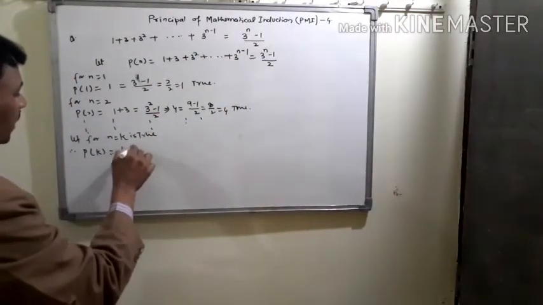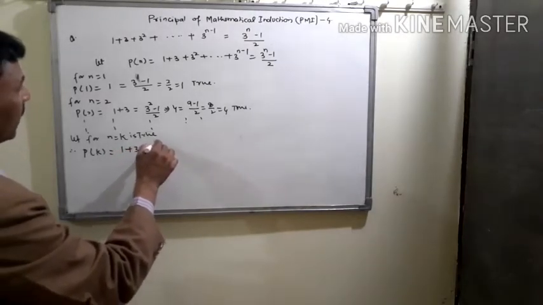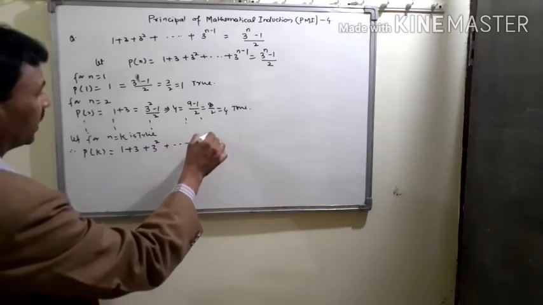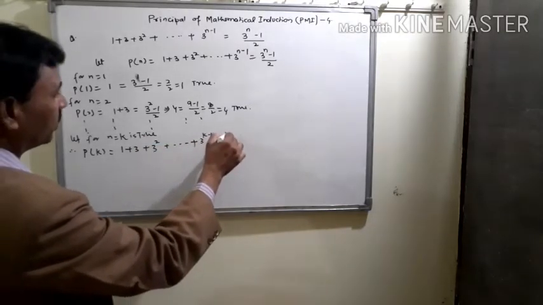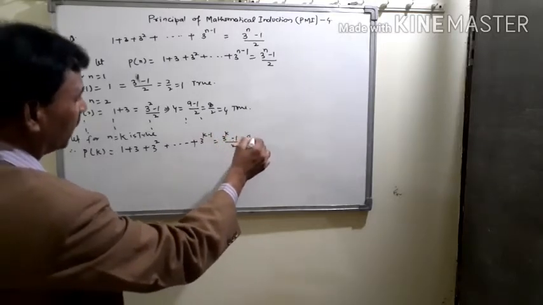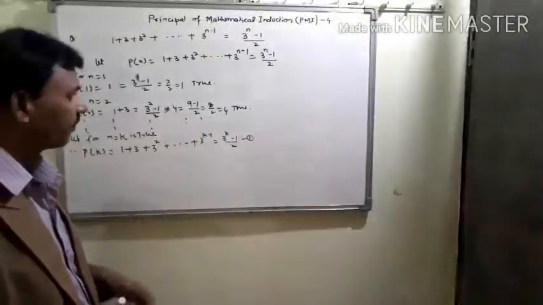That means 1 + 3 + 3² + ... + 3^(k-1) = (3^k - 1)/2, and we name this the first equation.